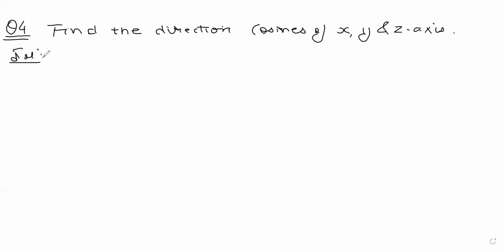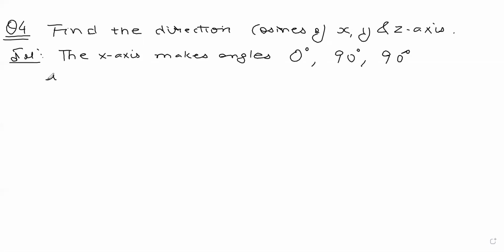Okay, so now guys, if you look at the x, y and z axis, so I can say that the x-axis makes angles 0 degree, 90 degree and 90 degree with the x, y and the z axis respectively. This is a very important word here, respectively.